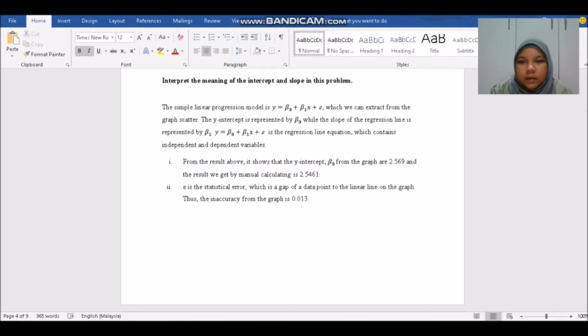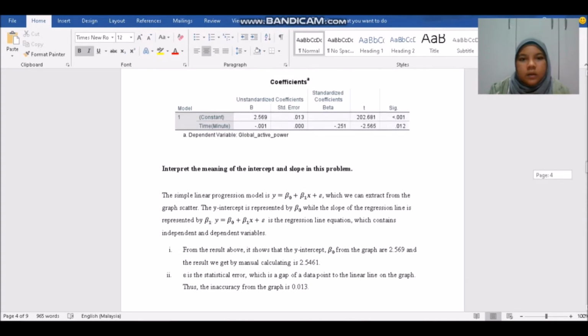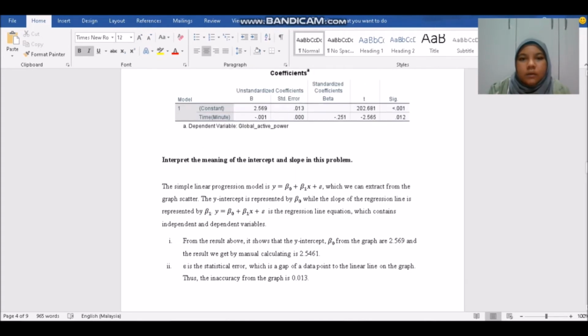Epsilon is the statistical error, which is the gap of the data point to the linear line on the graph. Thus, the inaccuracy from the graph is 0.013. This is the coefficient standard error, 0.013.